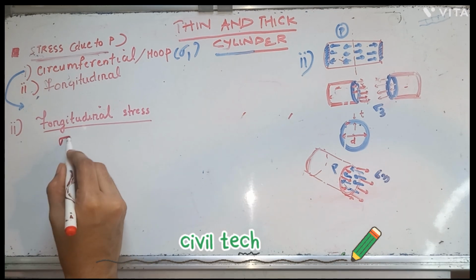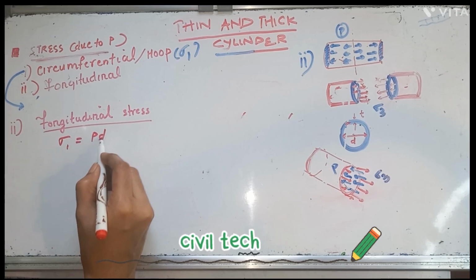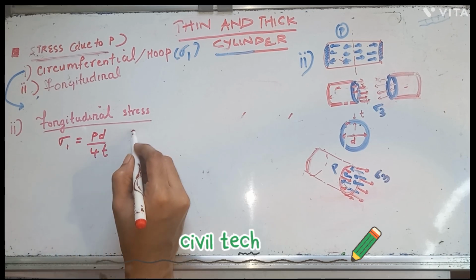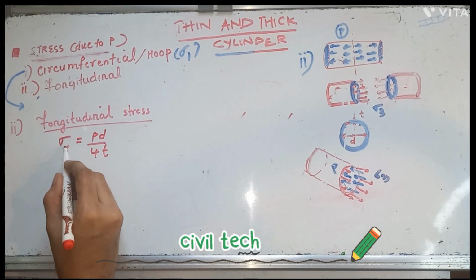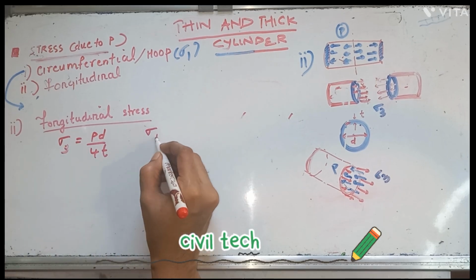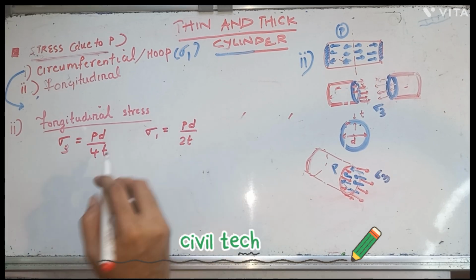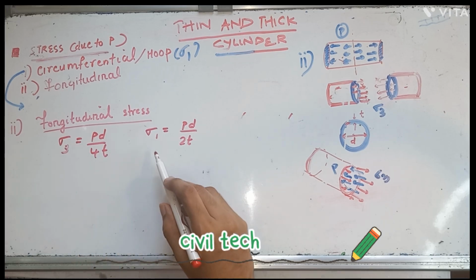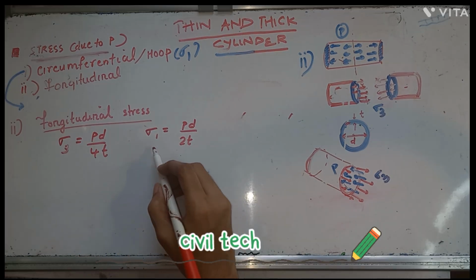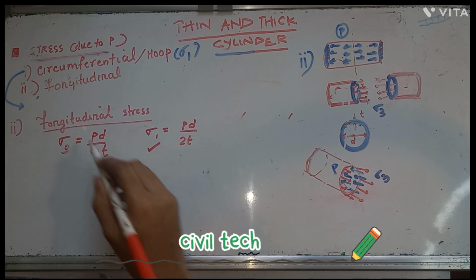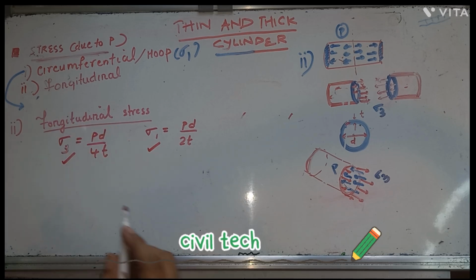The sigma 3 we got is Pd by 4T, and sigma 1 is Pd by 2T. So sigma 1 is the hoop stress and sigma 3 is the longitudinal stress.